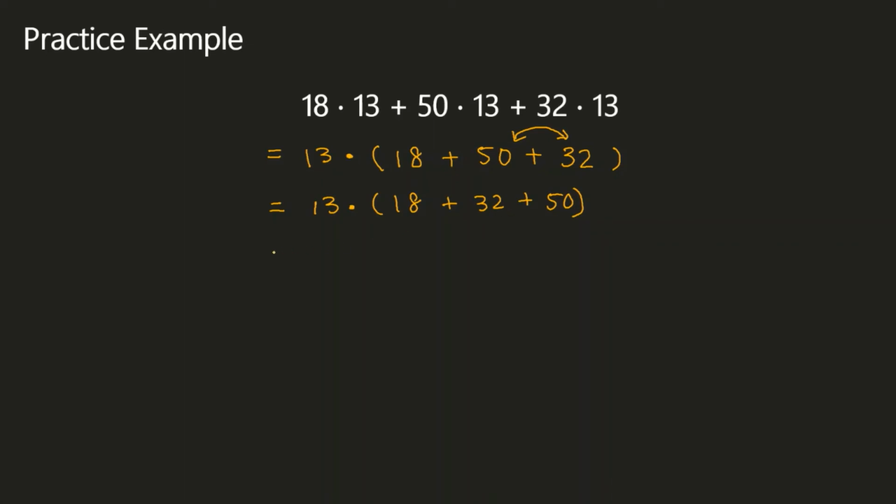So it actually becomes 13 times 50 plus another 50. Okay, now this becomes much easier to compute. It becomes 13 times 100, which is 1300.